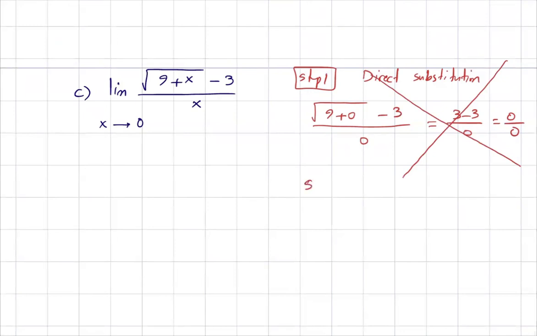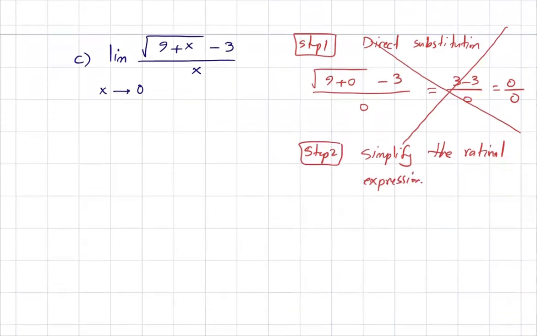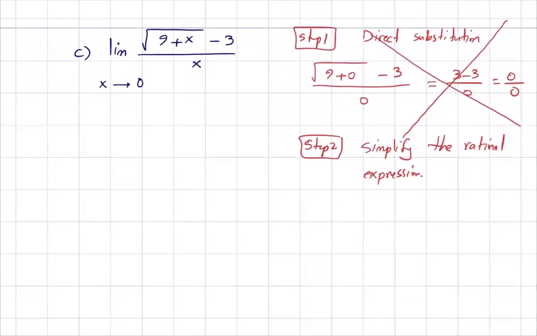We have to apply step 2, which means that we need to simplify the rational expression. In this case, we're going to multiply both the numerator and the denominator by the conjugate to simplify the rational expression.